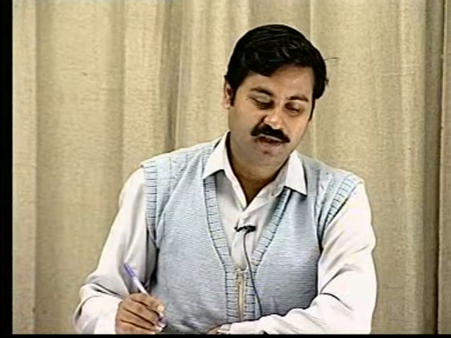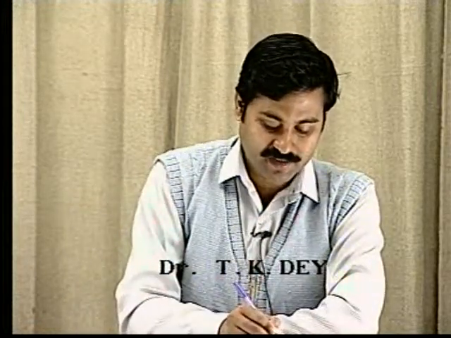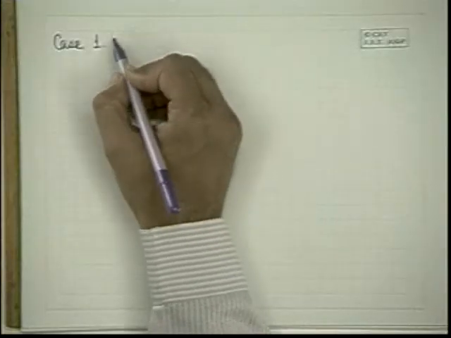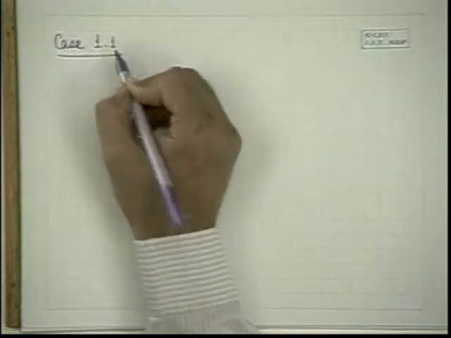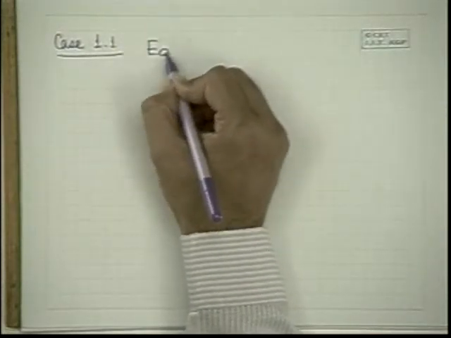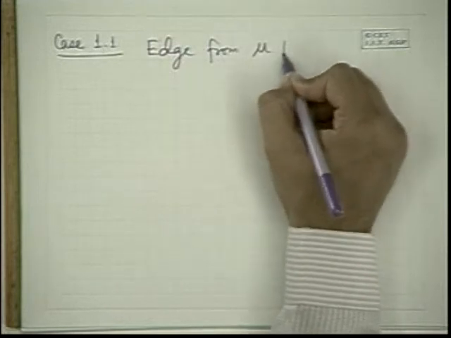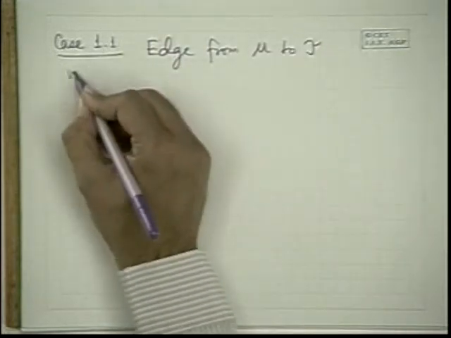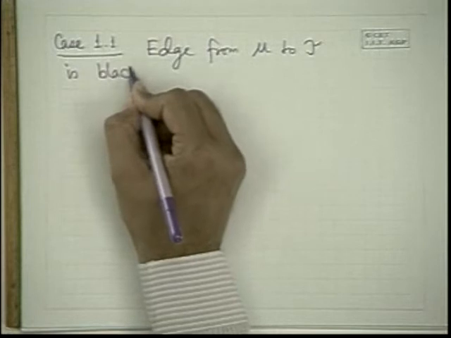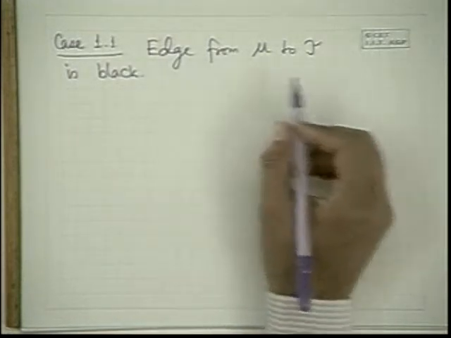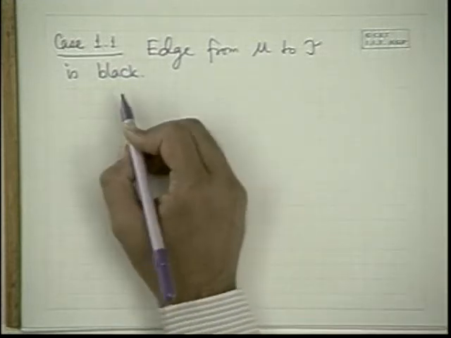Now let us see, we have several conditions. Case 1.1: the edge from mu to tau is black, like the one I just drew actually.